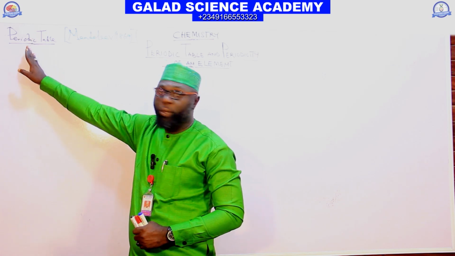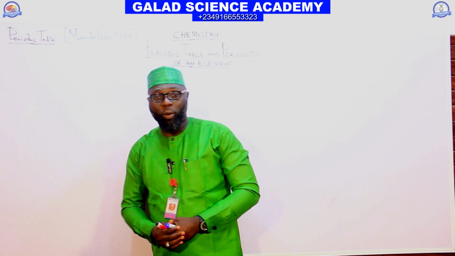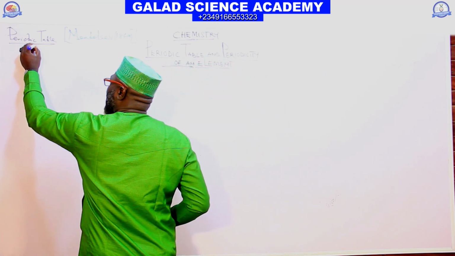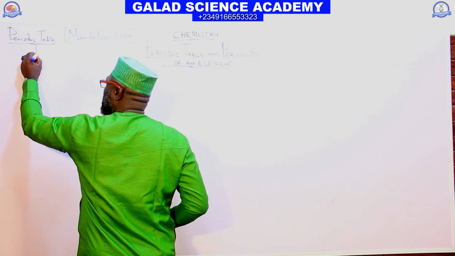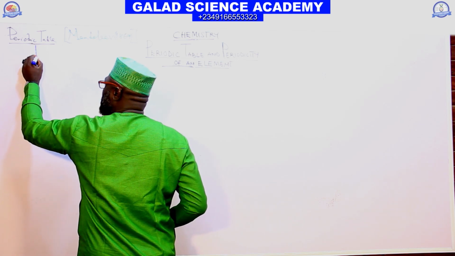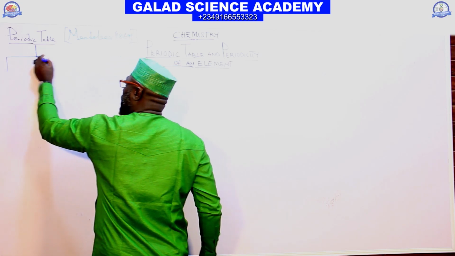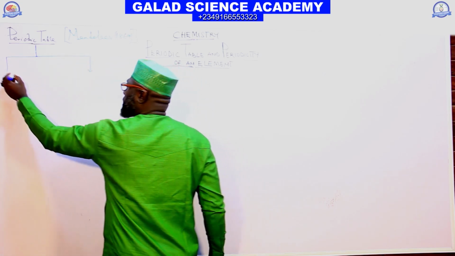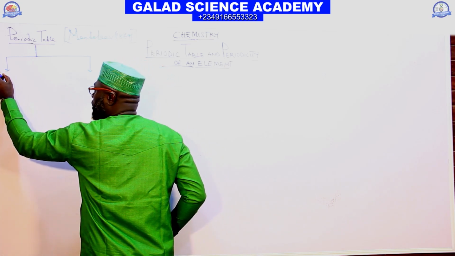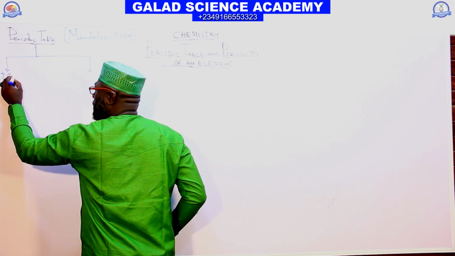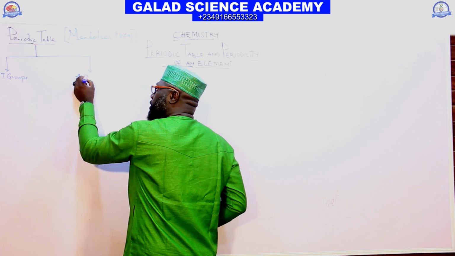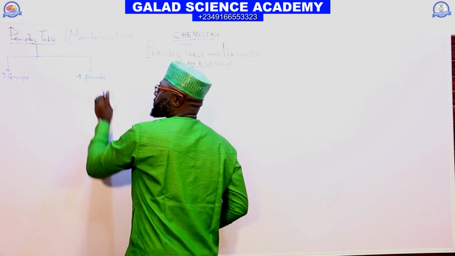A typical periodic table is comprised of several groups and periods. We have seven groups and four periods.